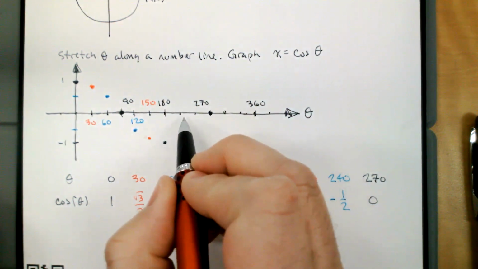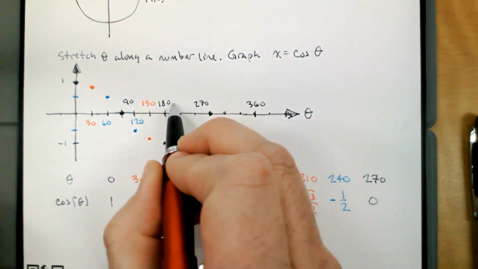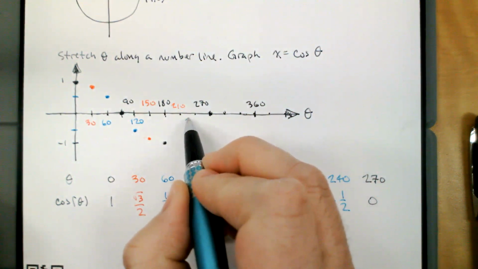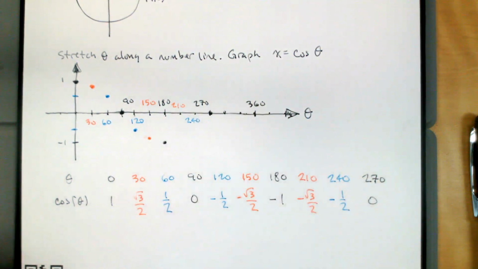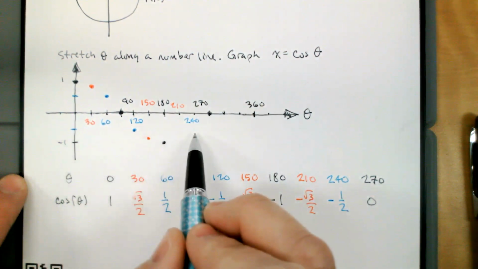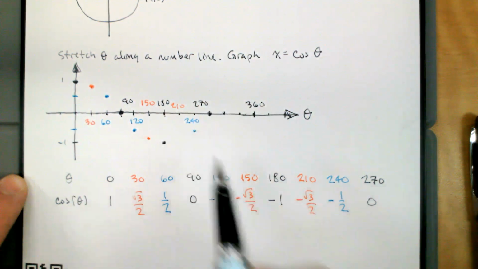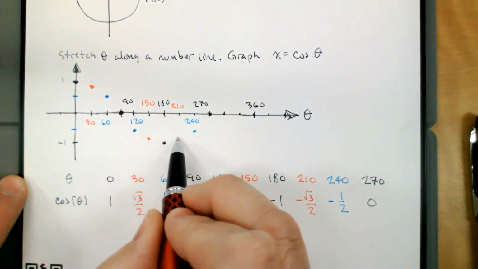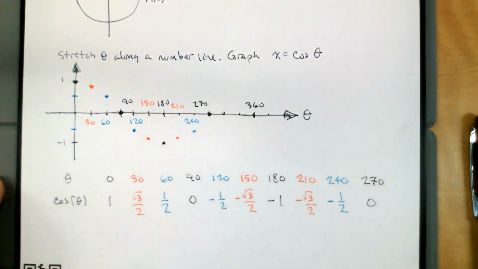So here's 210. And then 240. So at 240, that's where we're going to be at negative 1/2. And then at 210, we're going to be at that negative √3/2.